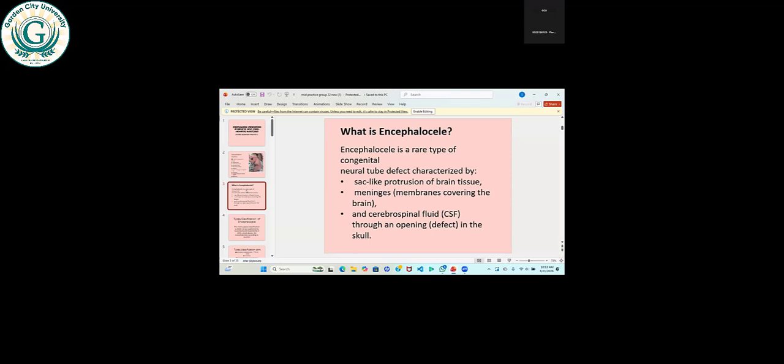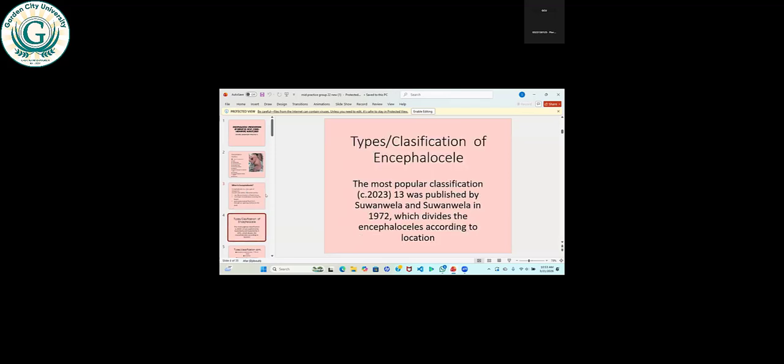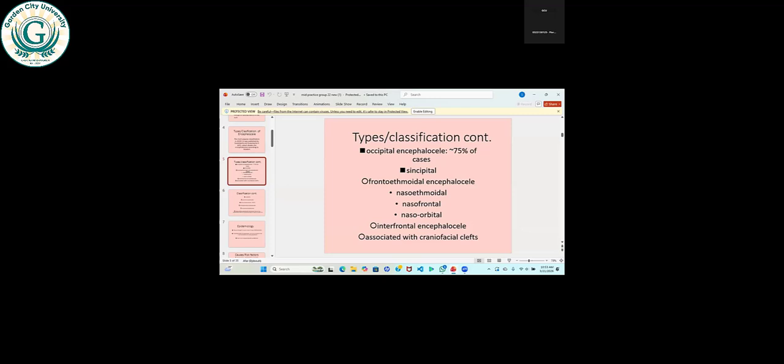Next slide, please. With the types or classifications, it was classified by Suwanwela according to the location of the encephalocele. So based on where it is located, you will get the types.